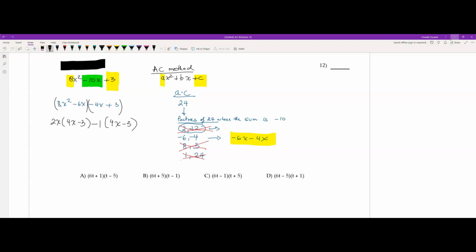We have 4x minus 3 and 4x minus 3, and now we can factor out the 4x minus 3. Then the remaining is 2x and the minus 1, so 2x minus 1.